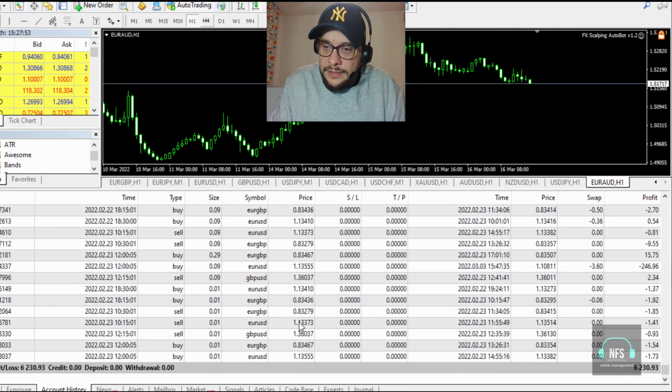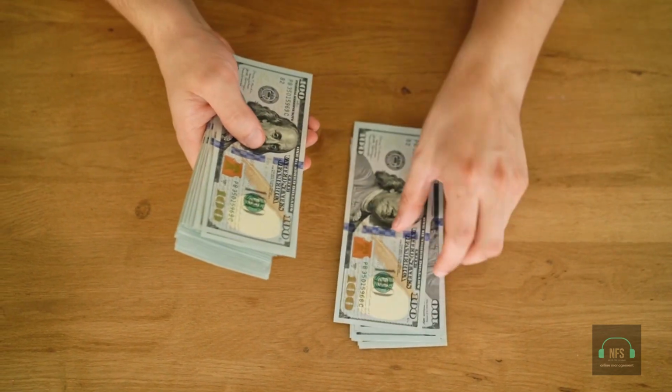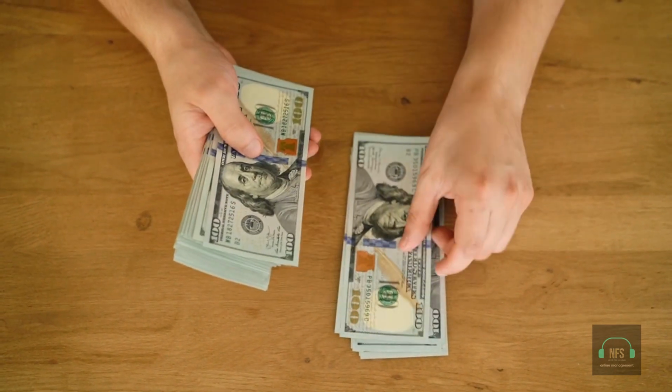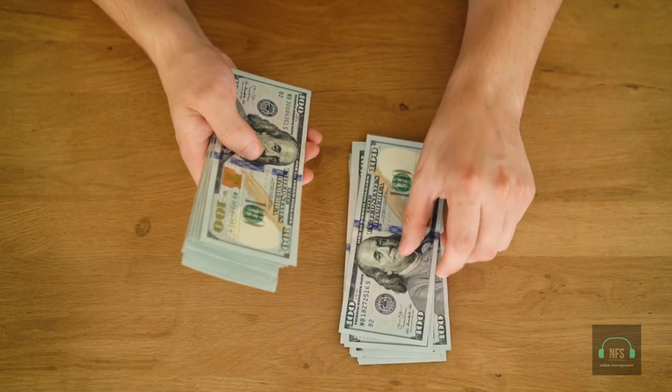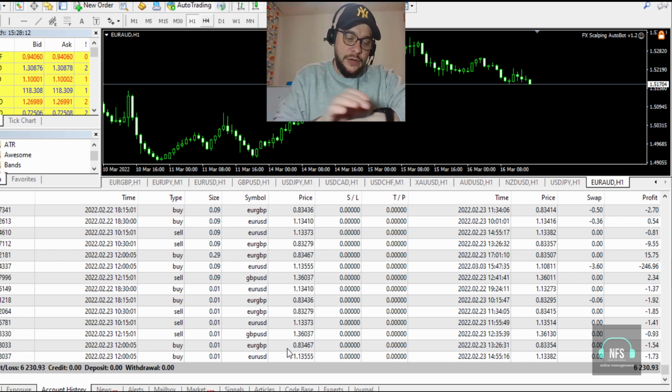3,134 euro. And as you can see, I have a profit of $6,230 with this expert advisor, FX Scalping Autobot, which is very, very nice. Now, I'm using this expert advisor since 24 of January.